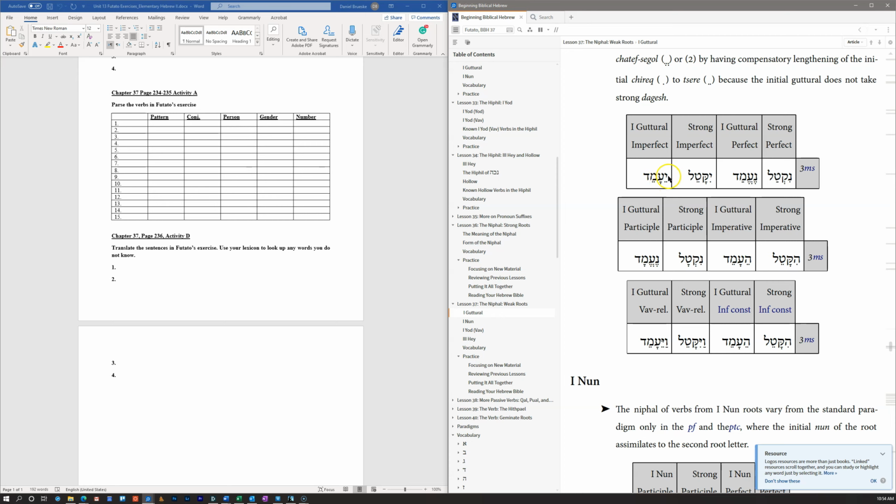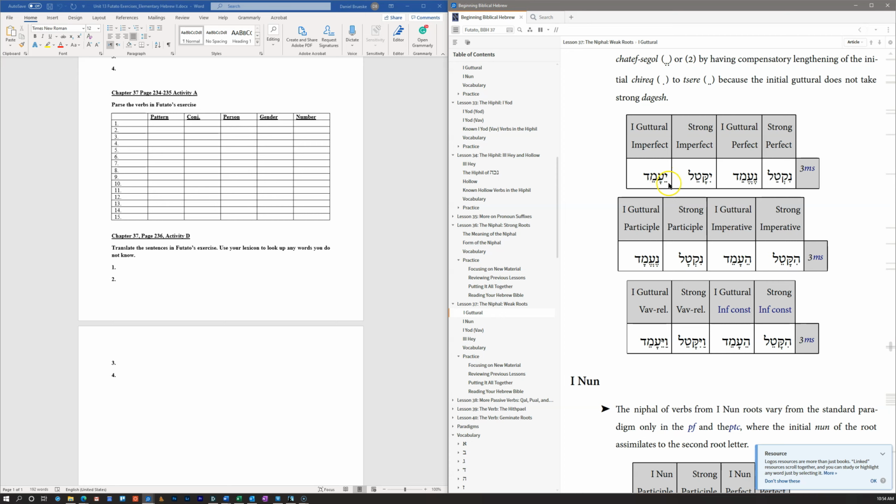So where we would have a yod hireq in the prefix and then a dagesh qamets in R1, that yod hireq now lengthens to a yod tsere. All right? And you're going to notice this tsere qamets pattern at the beginning of a verb.